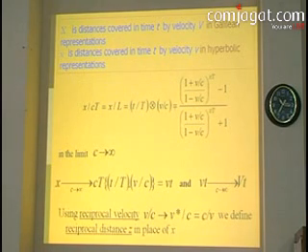X is the distance covered in time t by velocity v in Galilean differentiation, and small x is the distance covered in time t by velocity v in hyperbolic. And if we work out the definition, this small x by ct comes out to be this thing. Now we try to see what it means in Galilean space, especially in the special limits. We get the Galilean limit if c goes to infinity.